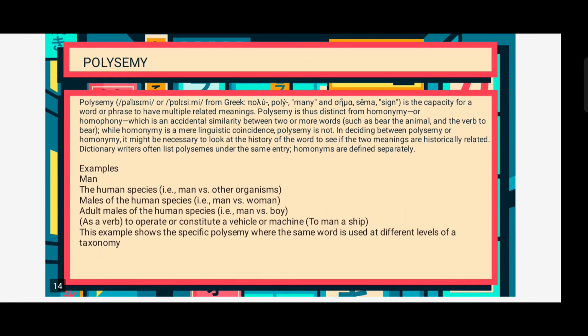And then the next, polysemy. Polysemy, from Greek, meaning many signs, is the capacity for a word or phrase to have multiple related meanings.